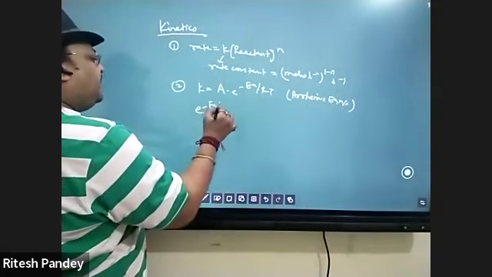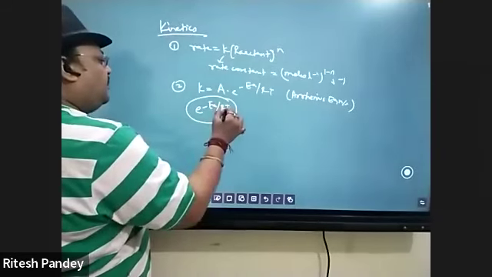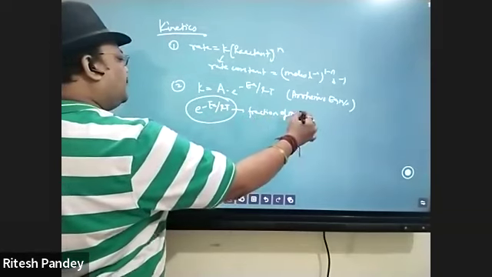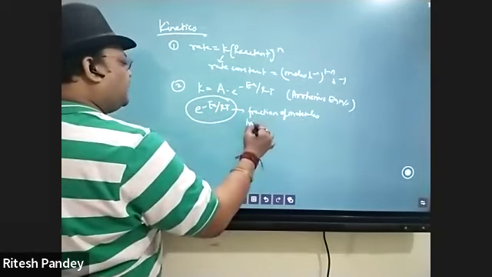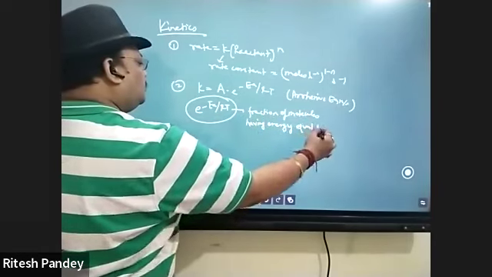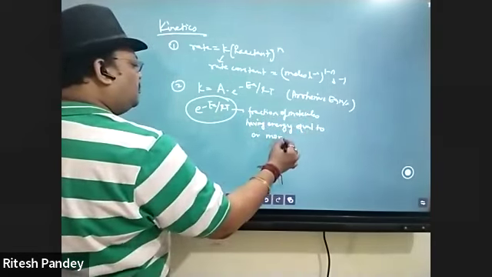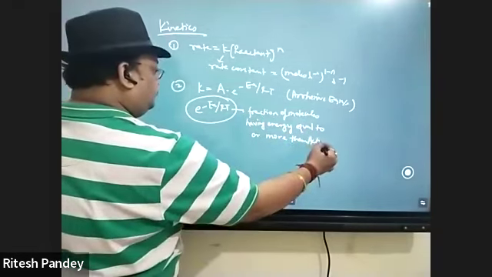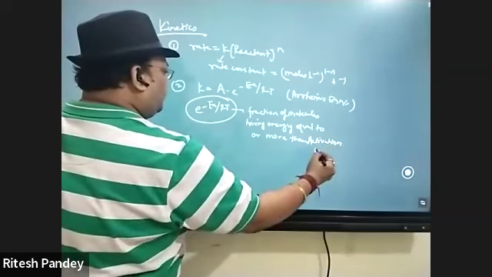E to the power minus EA upon RT is very popularly called the fraction of molecules having energy equal to or more than the activation energy. So again, it's a very popular term.